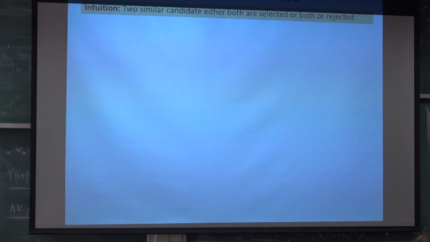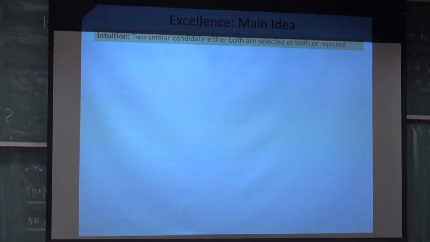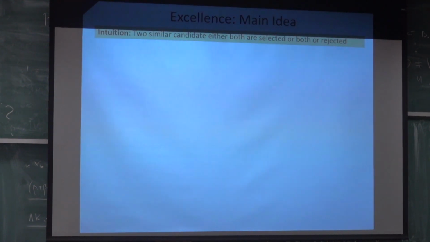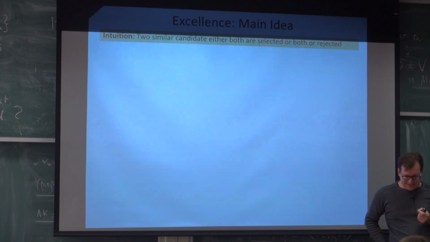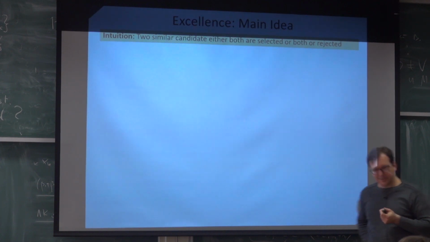Now I told you the intuition is that of two similar candidates, either both are selected or both are rejected. That's the intuition. I can't say we're going to make it formal, but I want to at least make it somehow visual. So let's try to have some discussion.